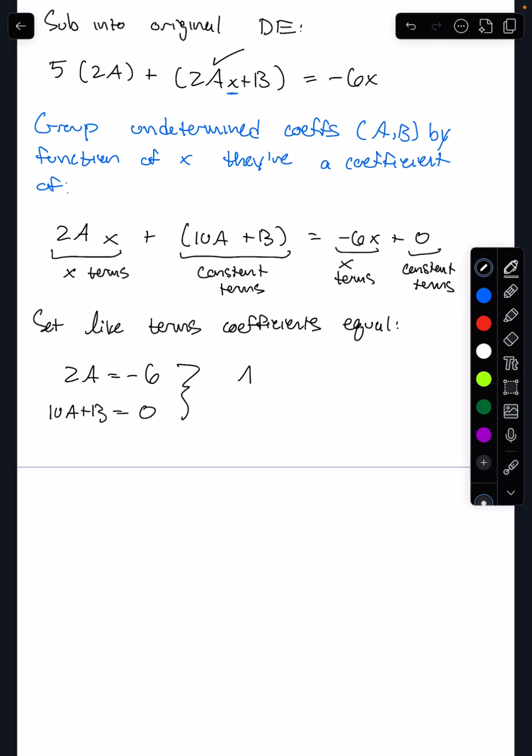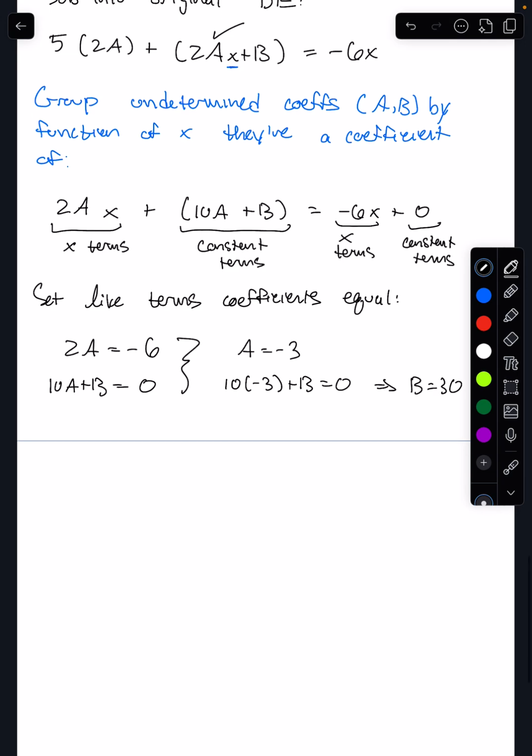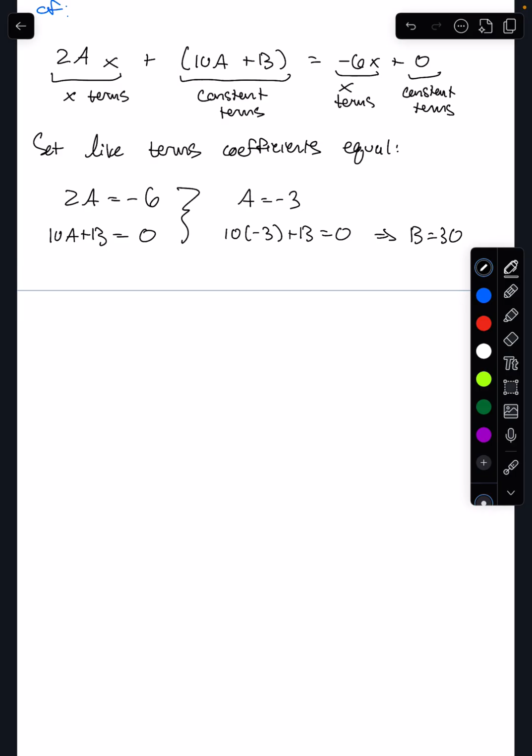So the first line tells me that a is negative 3. And the second line tells me, well, 10 times negative 3 plus b should be 0. That implies that b is 30. And so I found my particular solution. So now we want to sub a equals negative 3 and b equals 30 into our guess for yp.